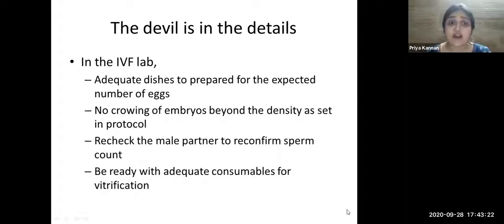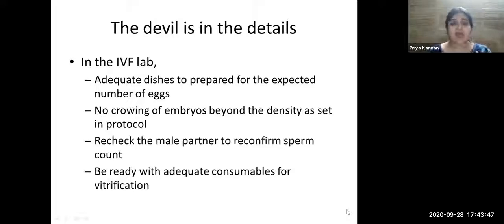And the most important thing, please recheck the male partner to confirm the sperm count. Suppose I see the follicular sheet and I know that I'm going to have at least 25 to 30 eggs. But if I don't check the male partner, he may have less than 1 million or occasional sperms, and they have forgotten to freeze any backups.